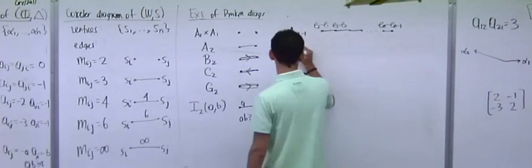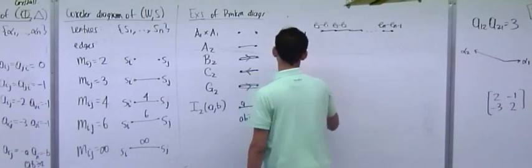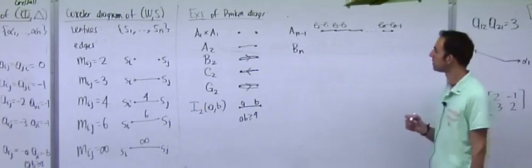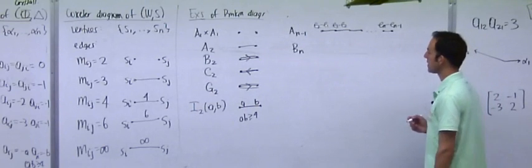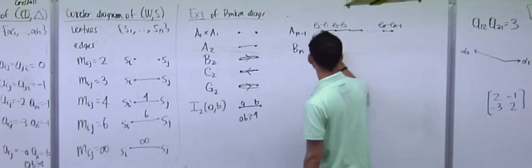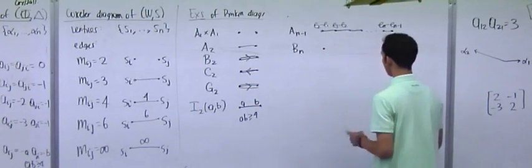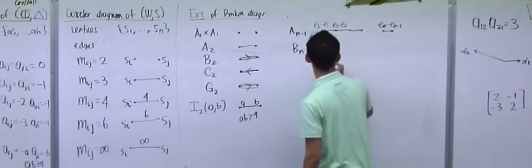Now, if you remember, we also did this for the hyperoctahedral group. And we said that in that case, the roots look like this.